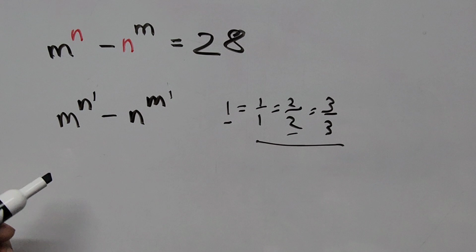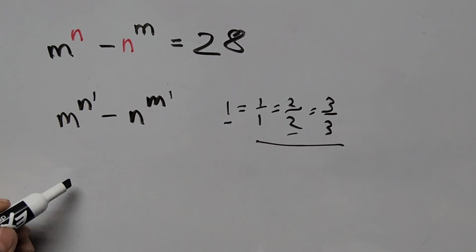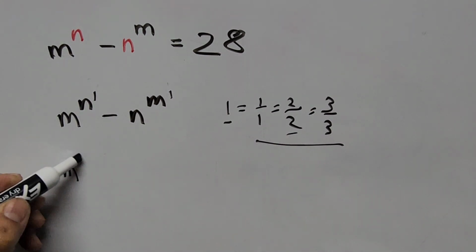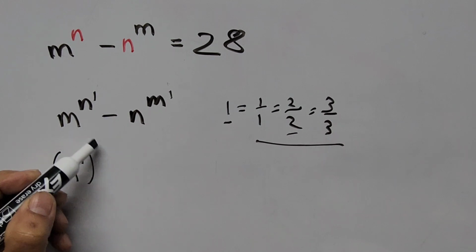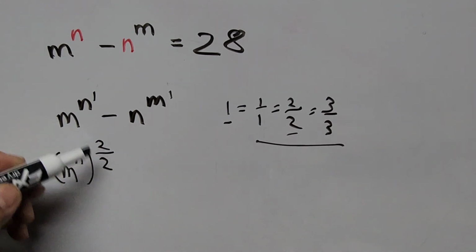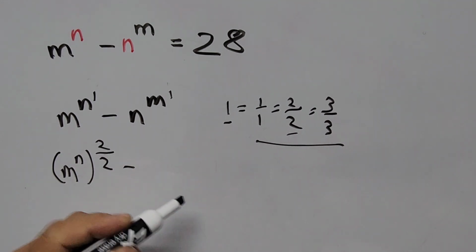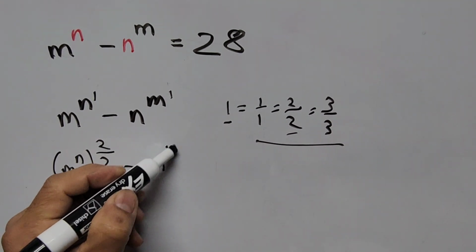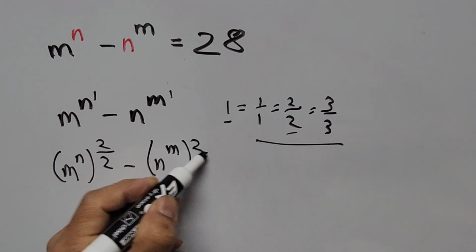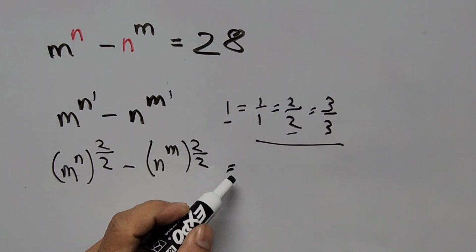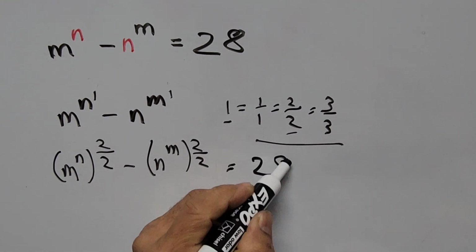So here we have m to the power of n raised to the power of 2 over 2. That's the same as 1, right? So let's do that on the second term also. n to the power of m to the power of 2 over 2, and this is all equal to 28.